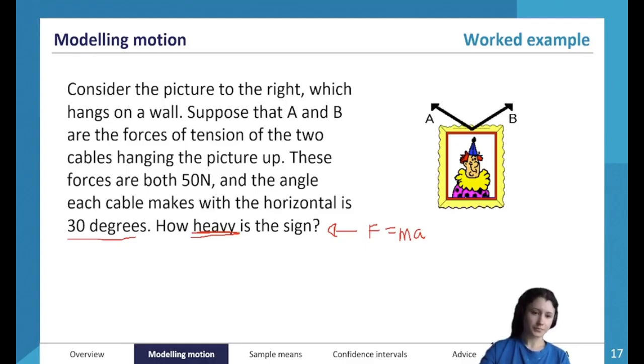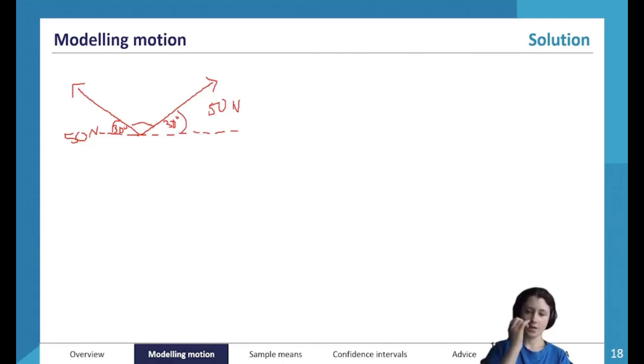So let's continue on. We know that we need to find mass and weight, or in other words, we need to figure out what is this downwards vector. What is that downwards vector? Let's have a think about what's happening with this sign. We have the sign hanging up. It's not moving.